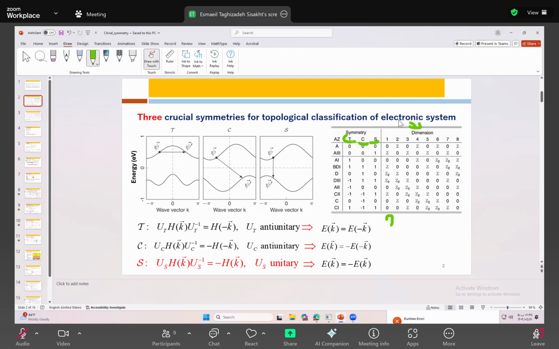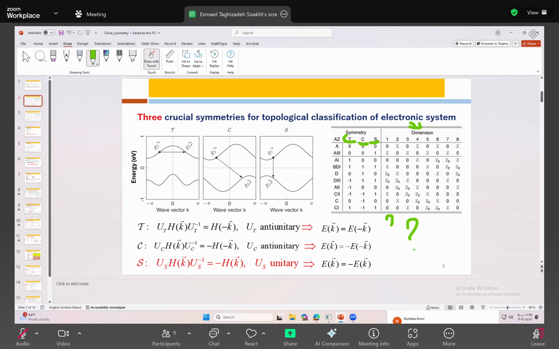The three symmetries are time-reversal (transversal) symmetry, particle-hole symmetry, and chiral symmetry. Depending on the presence or absence of these three symmetries and the dimensionality of the system, we have different classifications for topological insulators, and maybe topological superconductors.